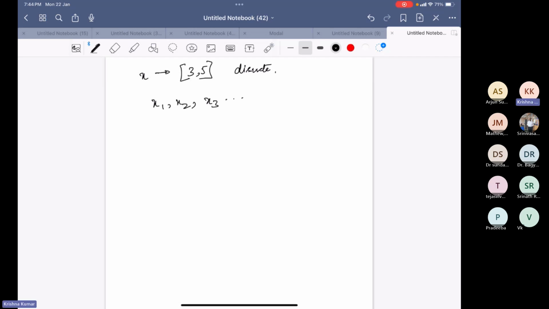This can be, say, 3, 3.05, 3.1, 3.15, so on. So I will operate with the discrete values. Okay, any questions?